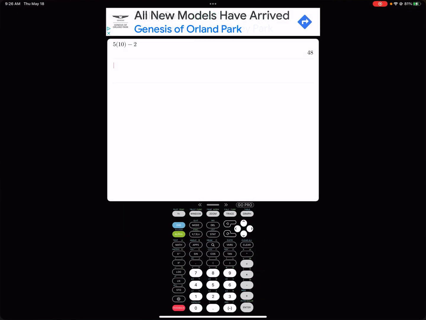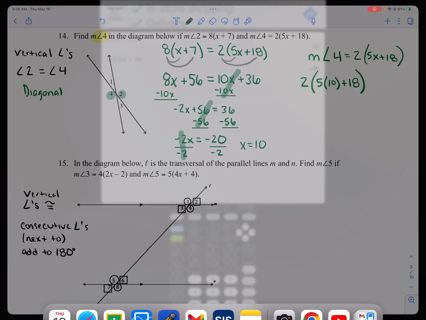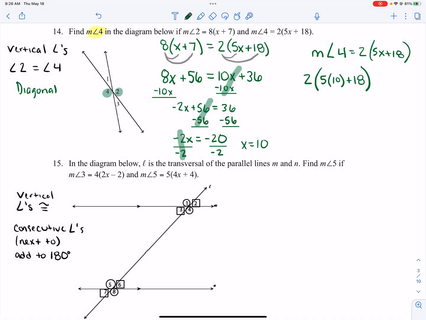So I'm going to do 2 parentheses, 5 parentheses, 10, close my parentheses, and then plus 18, and I hit enter, and I get 136. So again, if you use your parentheses correctly, you are going to get the right answer on the calculator. But if you don't use the parentheses exactly how I wrote them, you'll get a different answer.